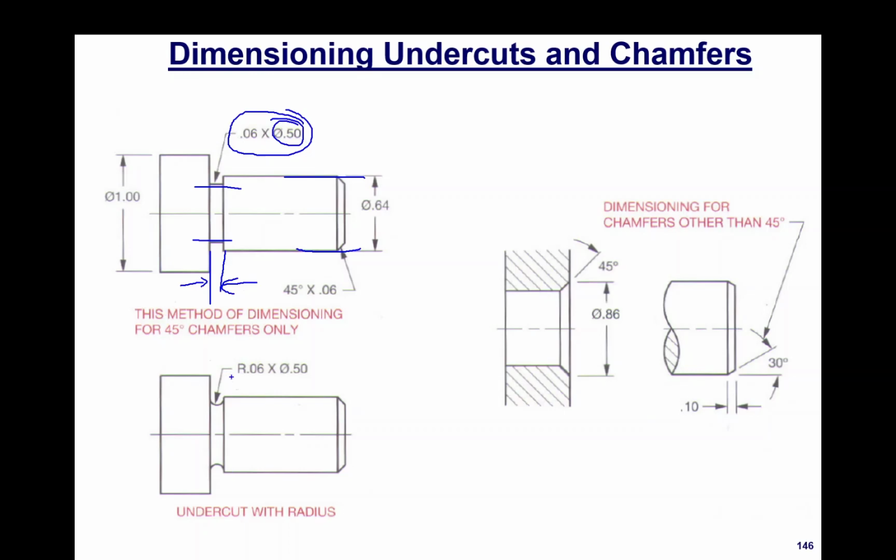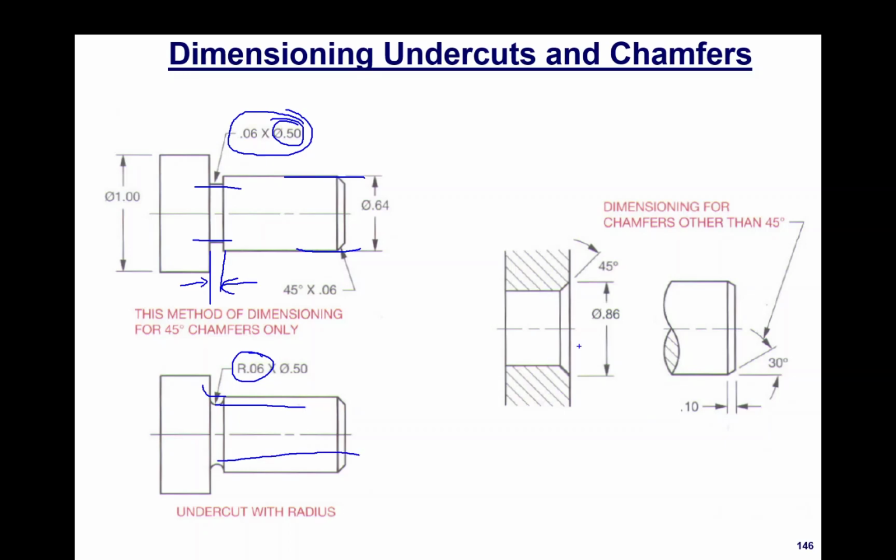The other one, this undercut has a radius, a little bit of a better design. There's more cross-sectional area here. Still not as good as just the regular old fillet. Still not as strong as that, but it is what it is. This radius is now 0.06, and the diameter is a half inch.